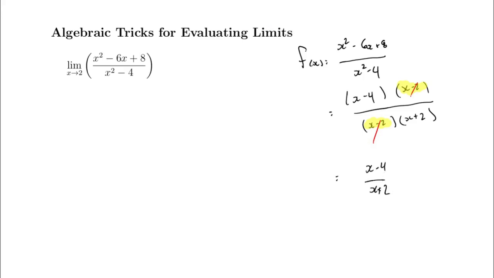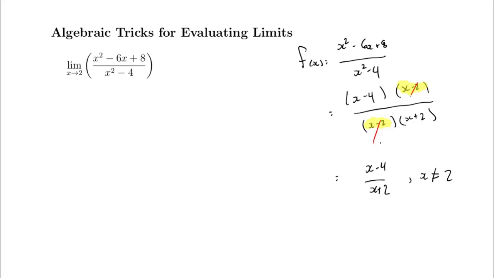And so you'd write this as x minus 4 over x plus 2. And if you were in my algebra class, you'd be wrong. Because this function as defined is not equal to x minus 4 over x plus 2. It's equal to that as long as x doesn't equal 2. Because here, the way that our function is defined, 2 is not in the domain. So we need to make sure that when we're talking about equality, we match the domain up.